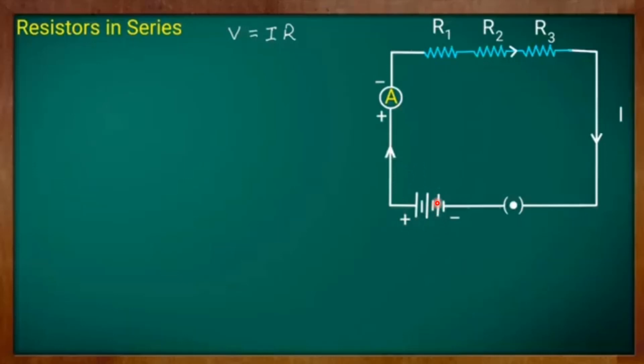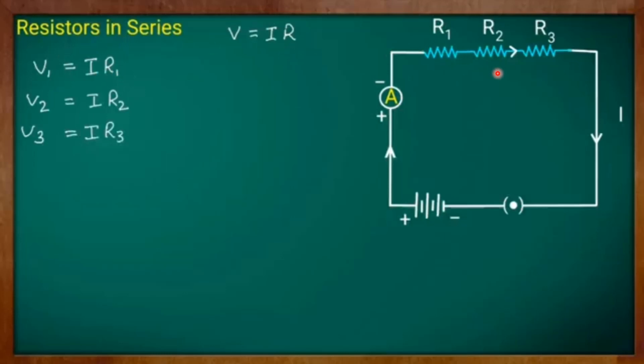If I want to know the voltage across the resistor R1, let us consider that it is V1. Then we have Ohm's formula, V is equal to IR. So I can write Ohm's law as V1 is equal to IR1.